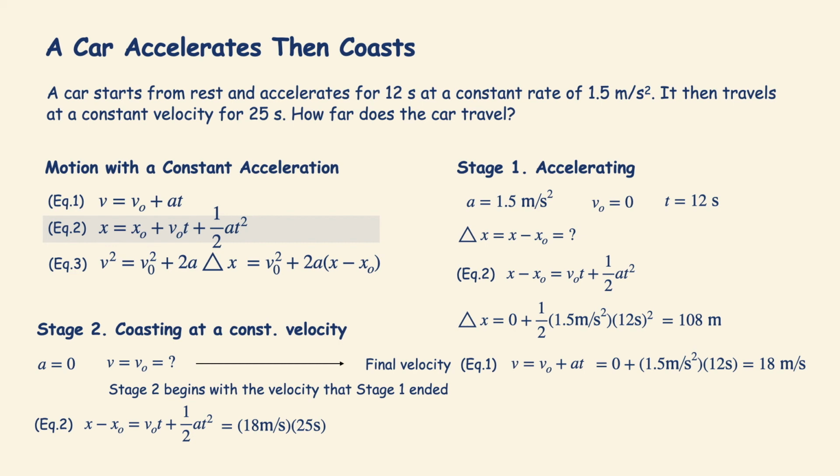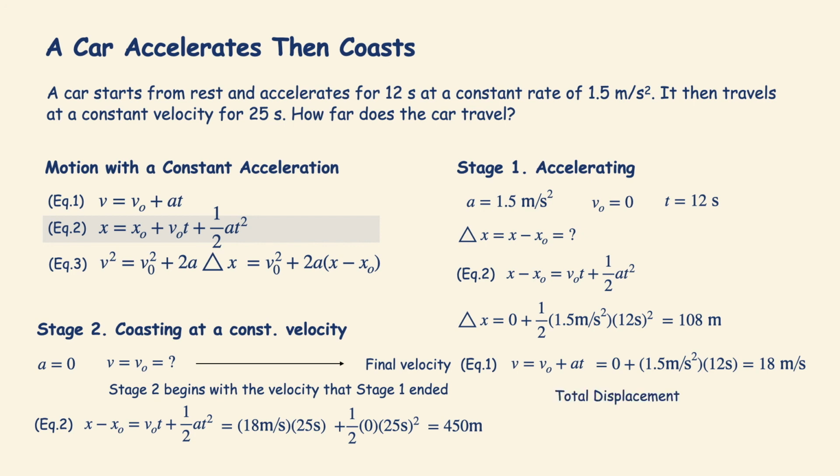That is the ending velocity from the previous stage, multiplied by the time, 25 seconds. The second term here is going to be 0 because during stage 2 motion we have no acceleration. So when you put 0 for a, we end up here that the displacement is going to be 450 meters.